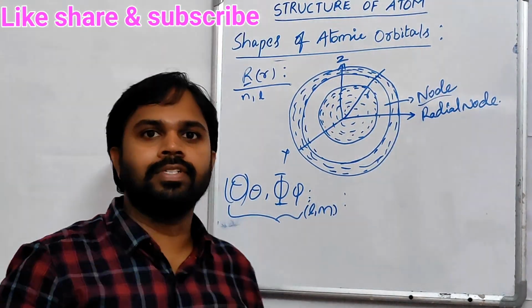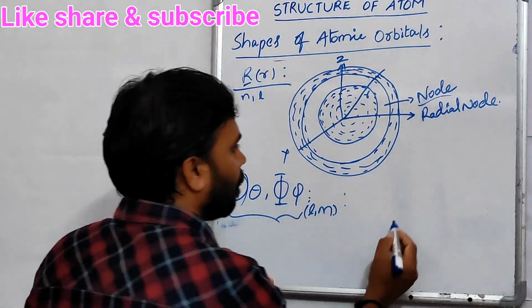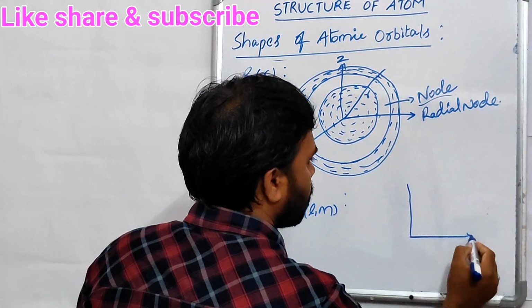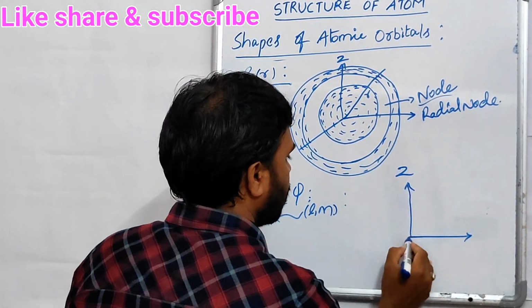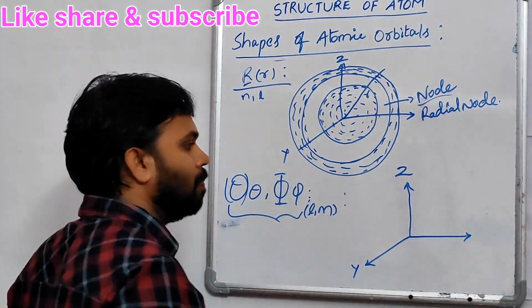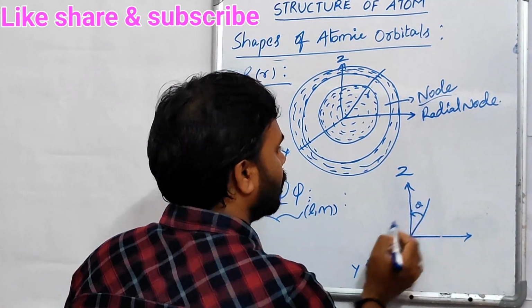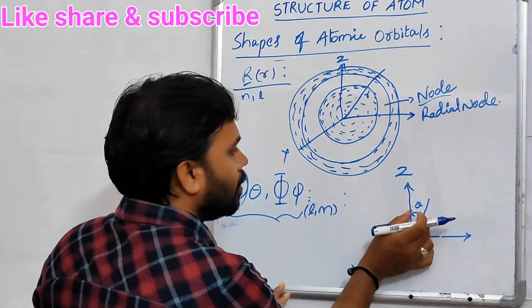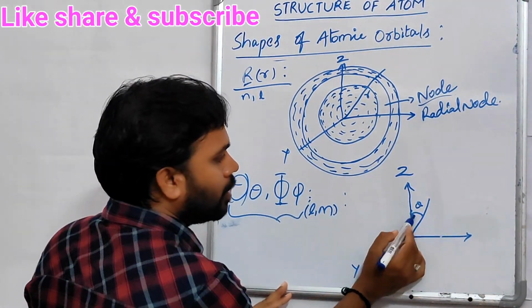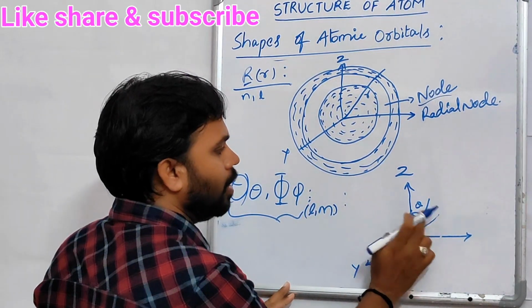This angular part gives information about shapes of orbitals. Let's understand. These are the x, y, z axes in three-dimensional space. This is the angle theta. When this angle moves in all directions, at this place there is no electron density present up to here.